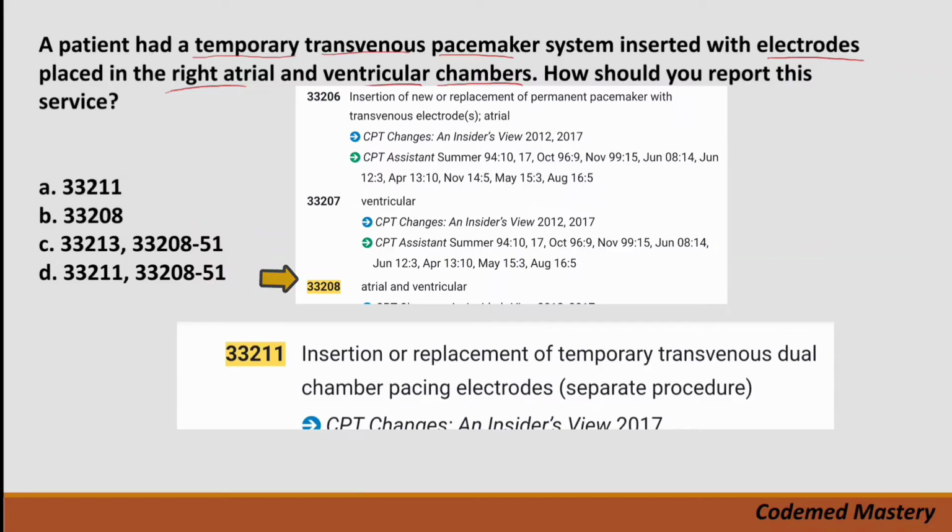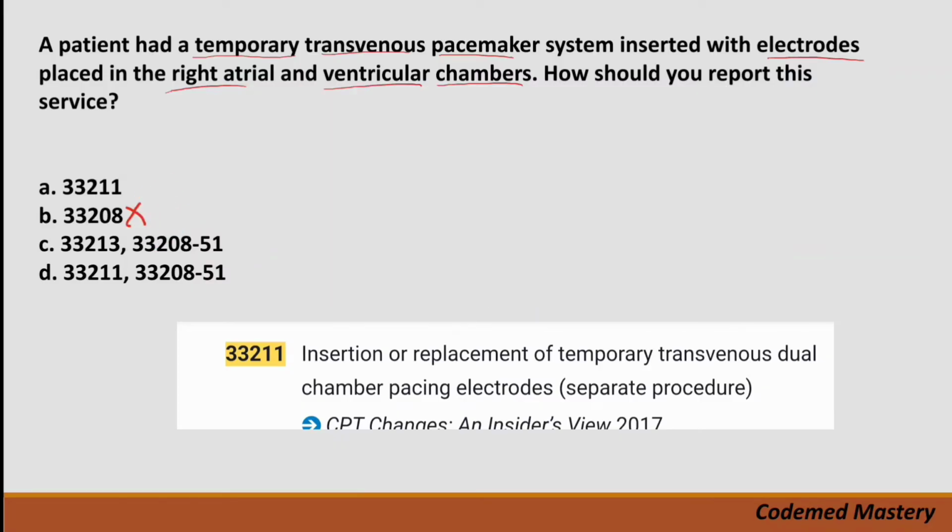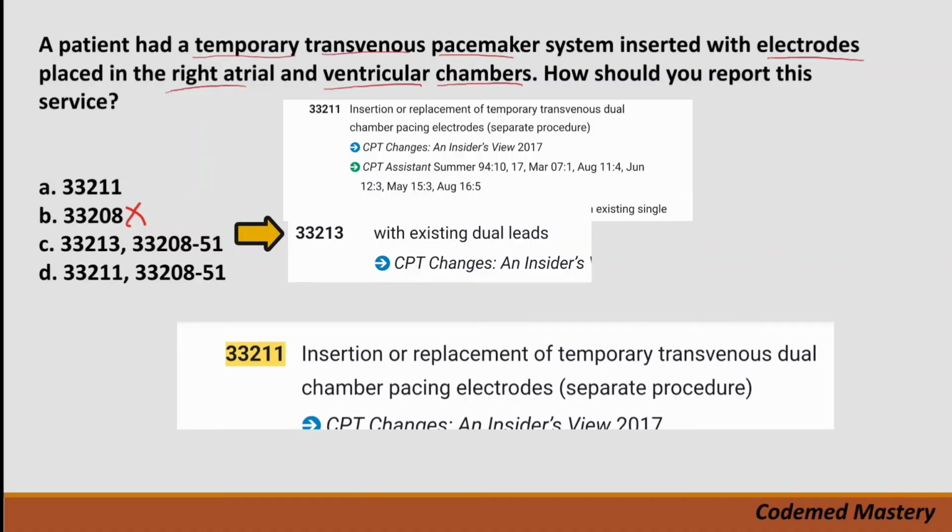So we'll eliminate option B. Coming to option C, 33213, that is for insertion or replacement of temporary transvenous dual chamber electrodes with existing dual leads. But in our question they have performed temporary transvenous pacemaker system insertion. So we cannot code 33213, and also with 33213 they have mentioned 33208, which is for permanent pacemaker, right? But in our question there is temporary pacemaker, so we'll eliminate option C.